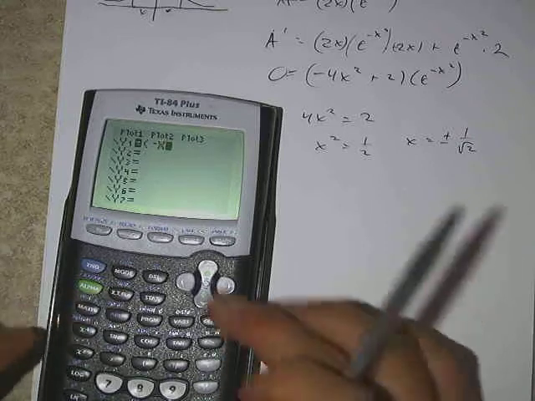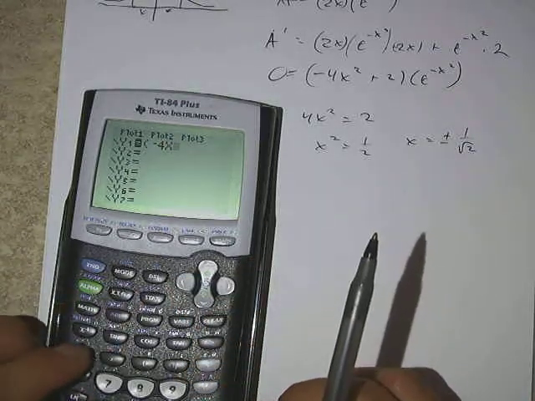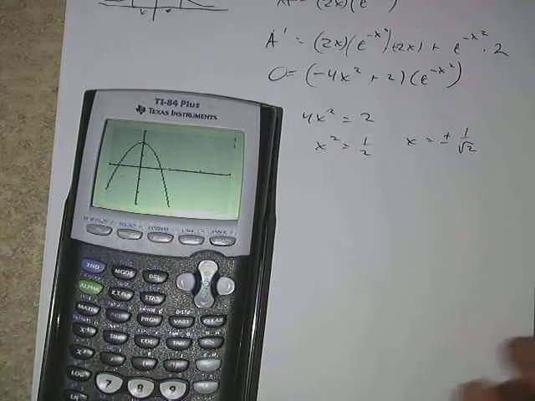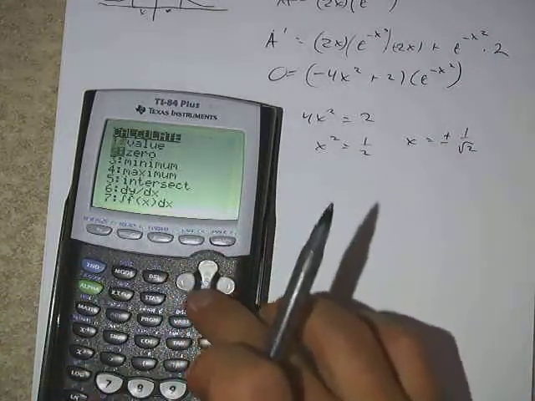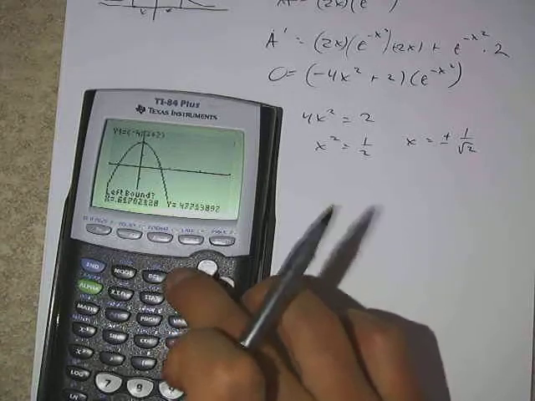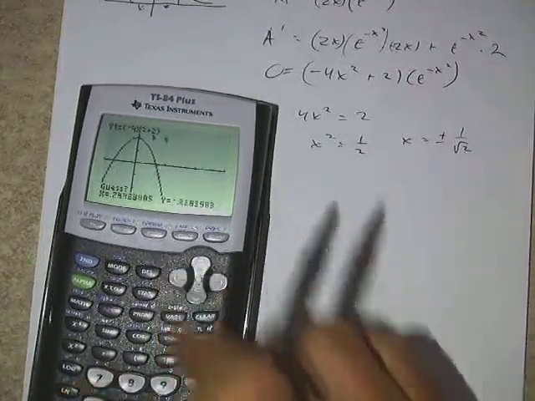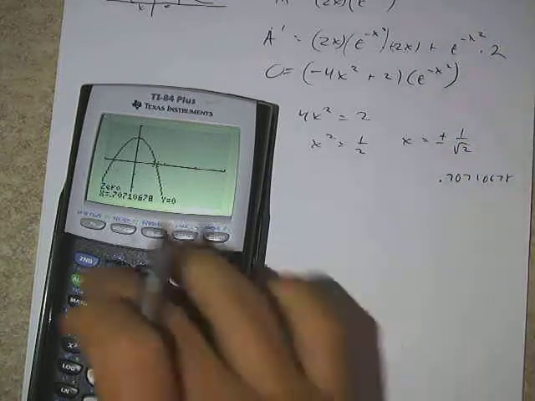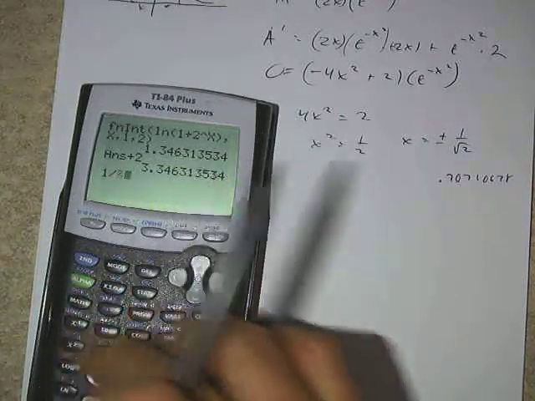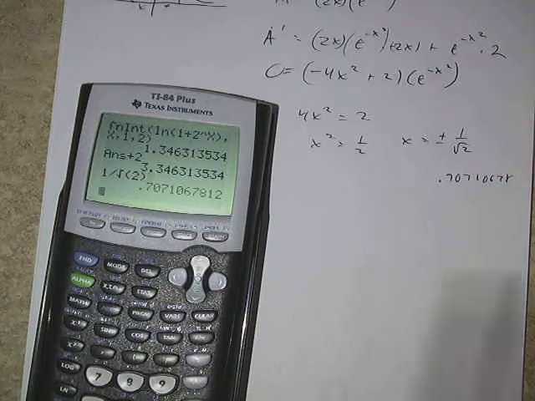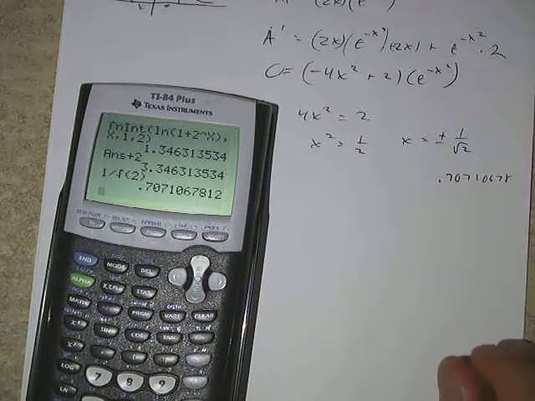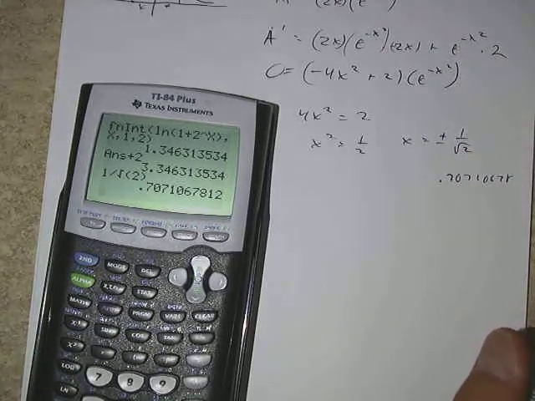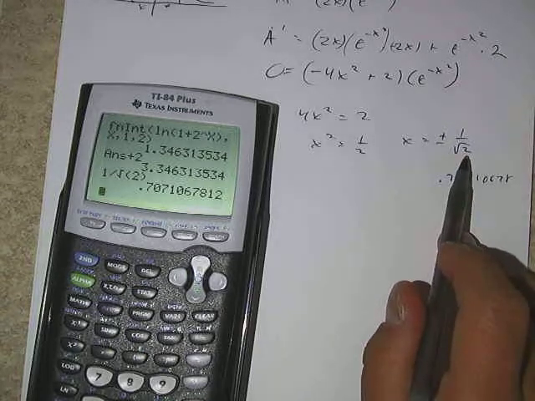And just for argument's sake, keeping in mind that this is a calculator problem, we could get our answers that way as well using the zero command. It gives us negative 0.707106778, which is ultimately the same as 1 over radical 2. So we can get them either way.